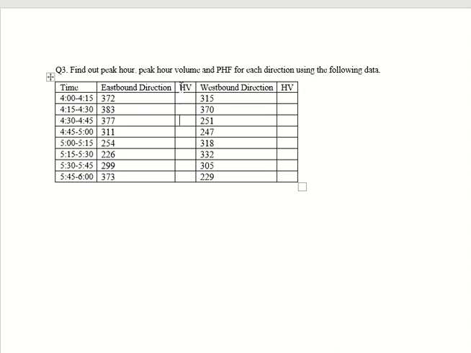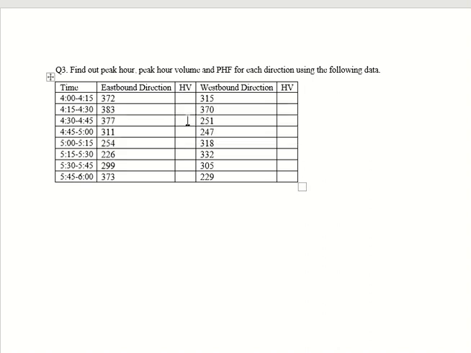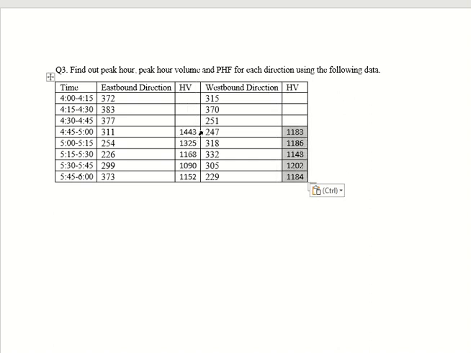Hourly volume will start from here. The first 4 values will make an hour, and then the next 4 values, and then the next 4 values. So you have to combine the sets of 4 values, which will give you the hourly volume.